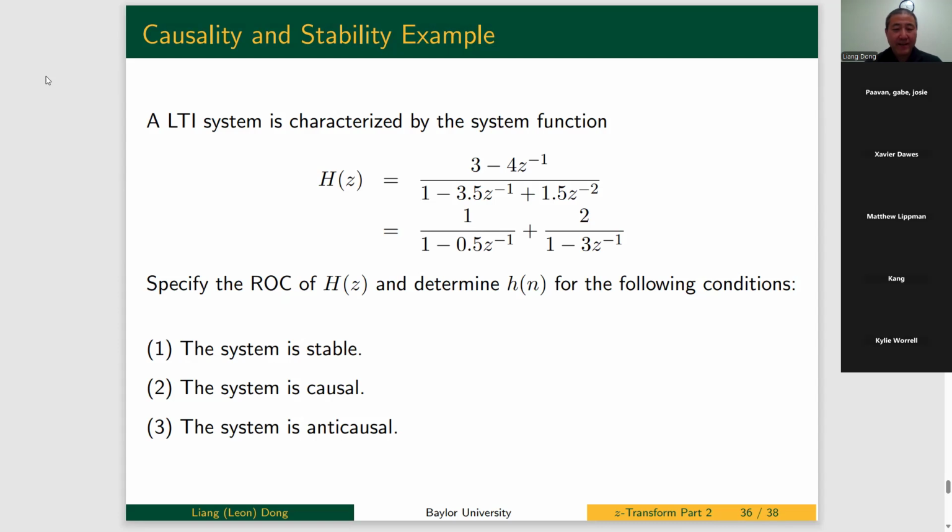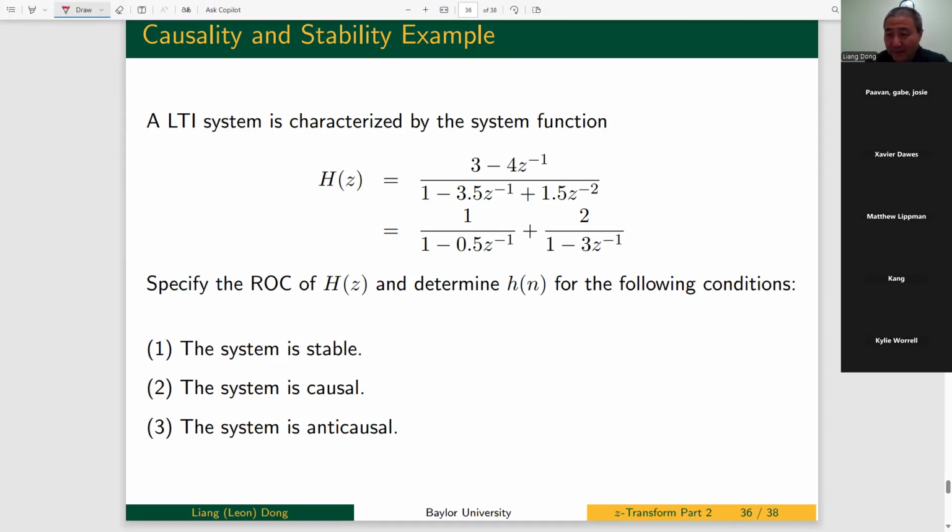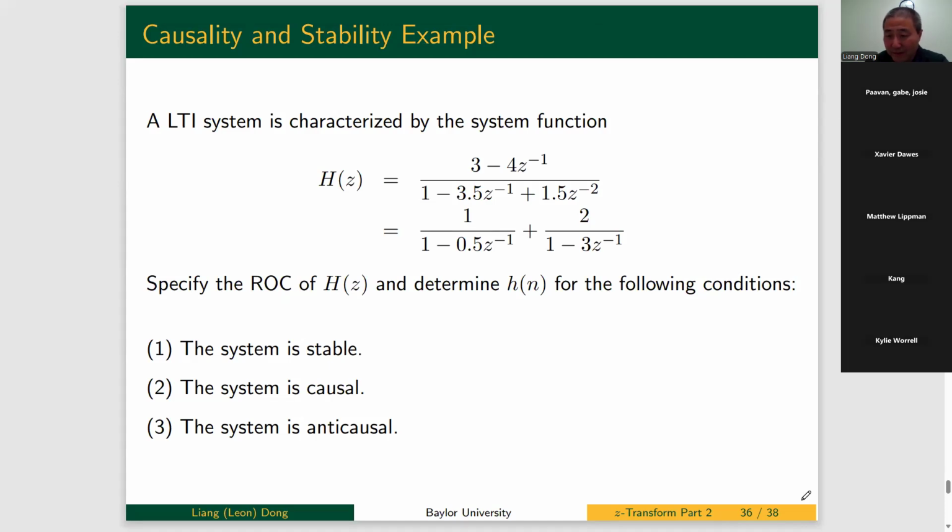All right. I think I can explain. Let's work on this together. So first of all, what are the poles of the system? Anyone? You can write in the chat if you like.